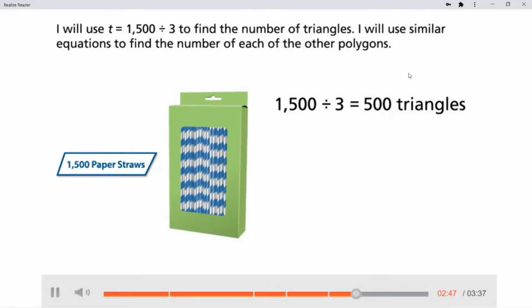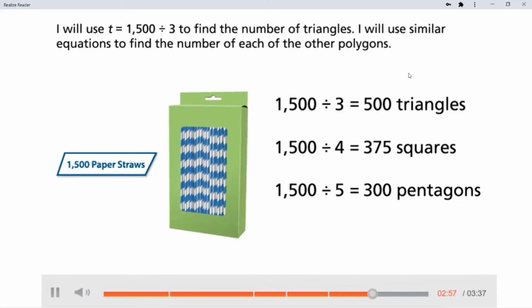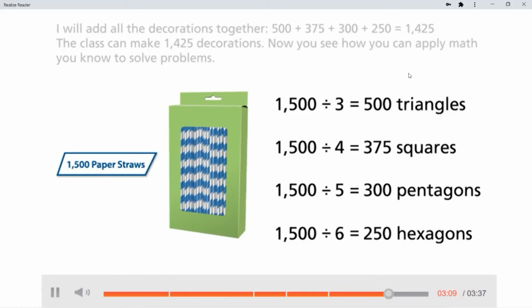1,500 divided by 3 equals 500 triangles. 1,500 divided by 4 equals 375 squares. 1,500 divided by 5 equals 300 pentagons. 1,500 divided by 6 equals 250 hexagons.